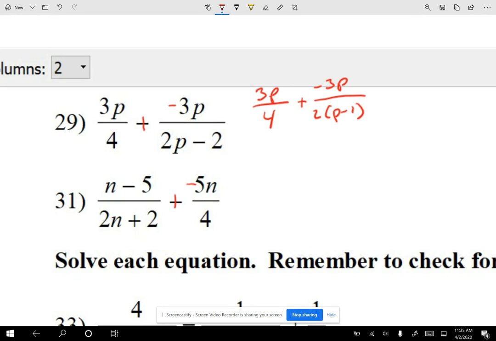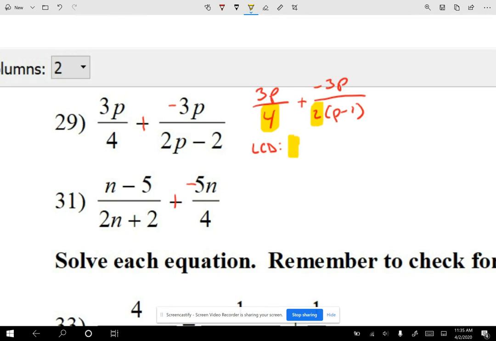The second thing we've got to do is think of your LCD, least common denominator. I focus on the factors that are numbers only. That's also why we factor numbers out. So I look at the factors that are numbers only, 4 and 2, and I think what's the smallest number that can be divided by 4 and can also be divided by 2.